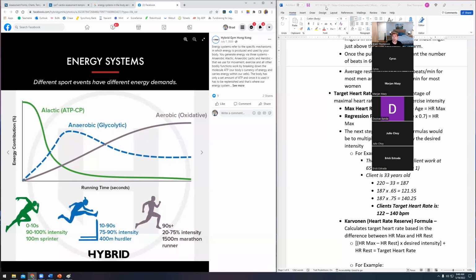Let's look at track and field as an example of this. The green line would be a 100-meter dasher. The blue line would be a 400-meter hurdler. The hurdles are going to slow you down, so over 400 meters you're probably going to end up sprinting for honestly like 60 seconds. What's the world record for the 400-meter hurdle?